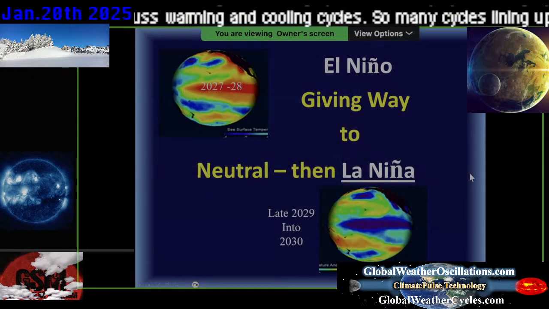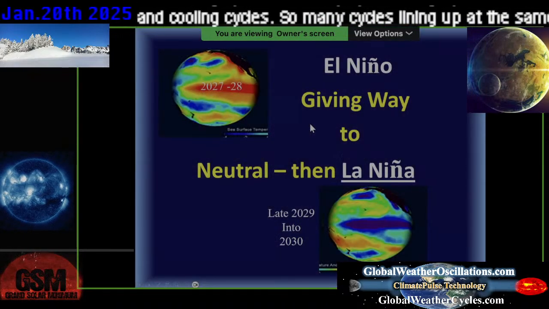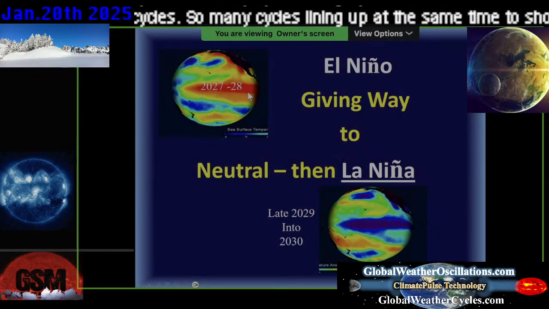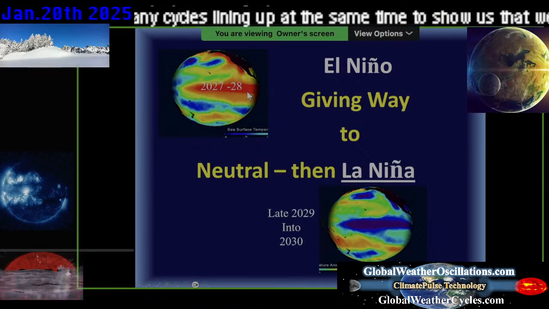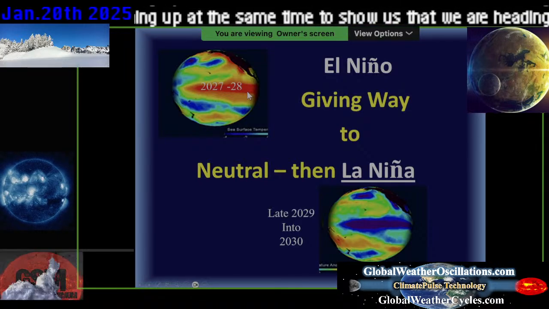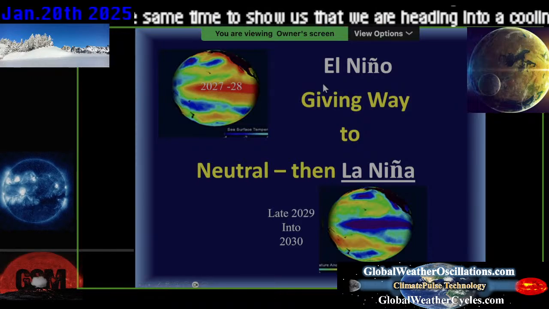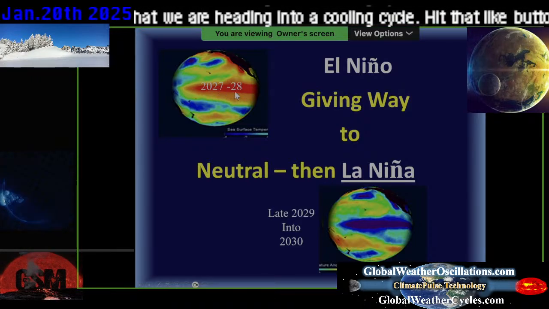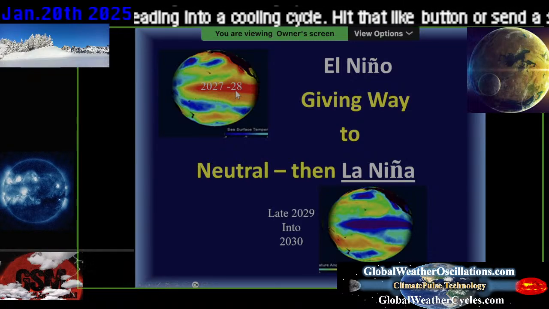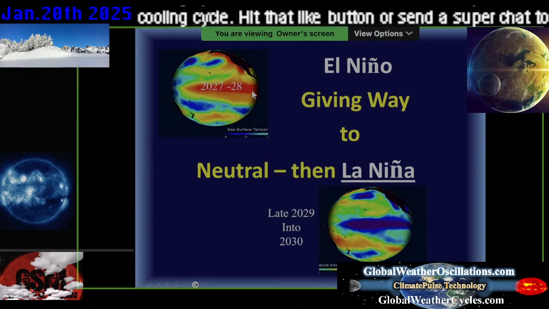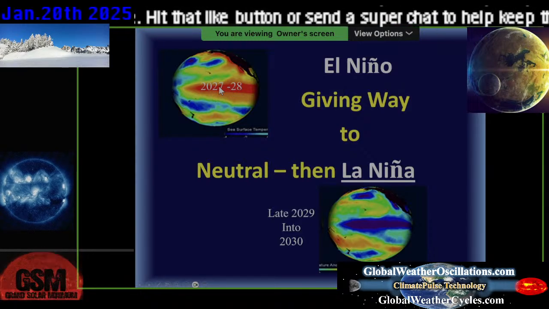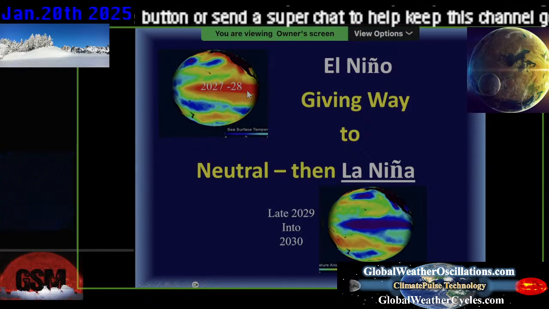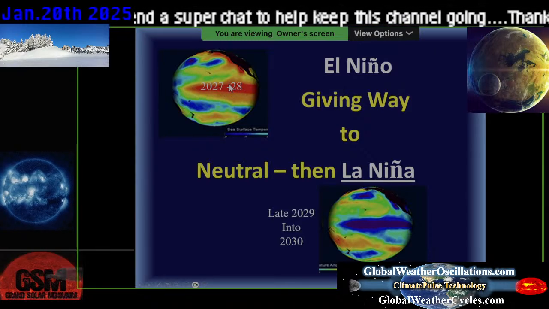So what's it all mean? Well, first of all, we're going to have a strong El Nino in 2027, 2028. When you have a strong El Nino, the water temperatures along the Pacific equatorial area warm up, as noted here in the red. So the Pacific Ocean will be warm.